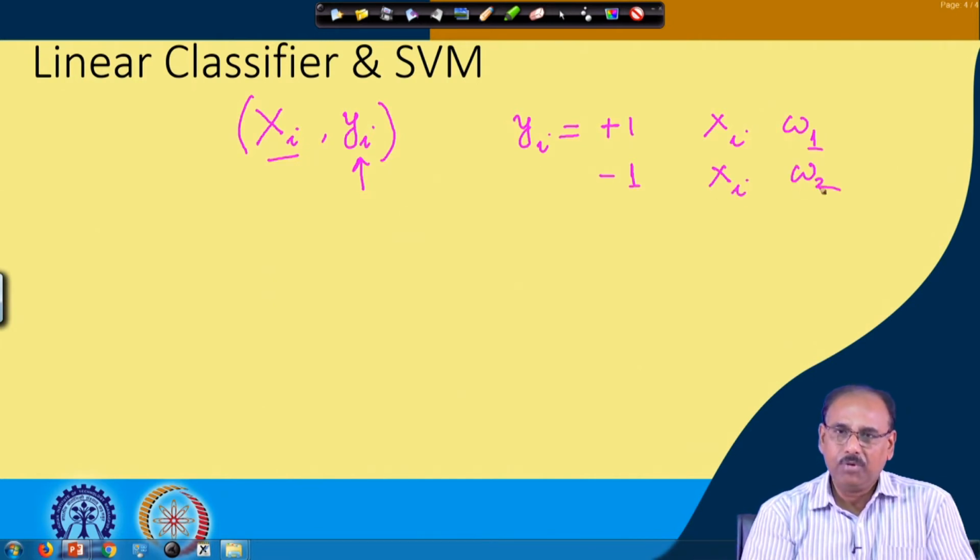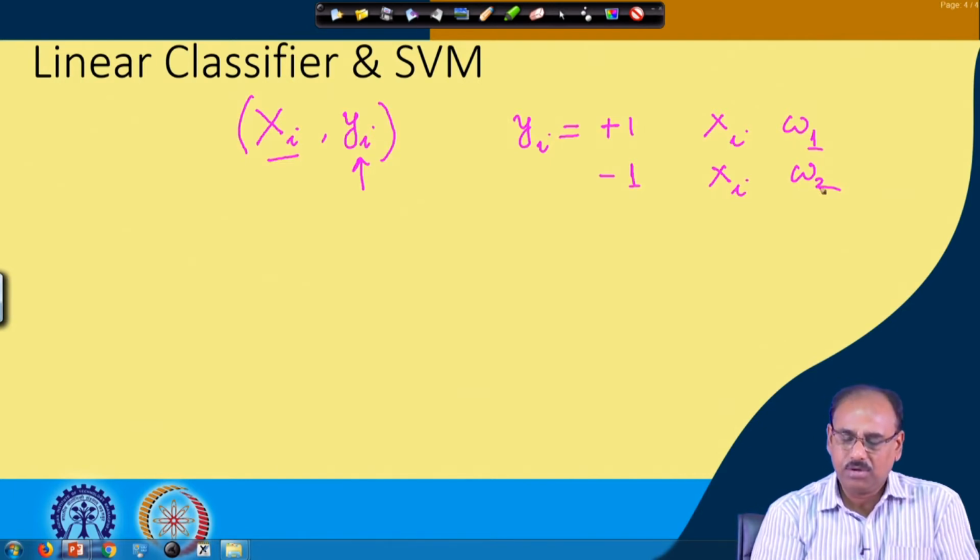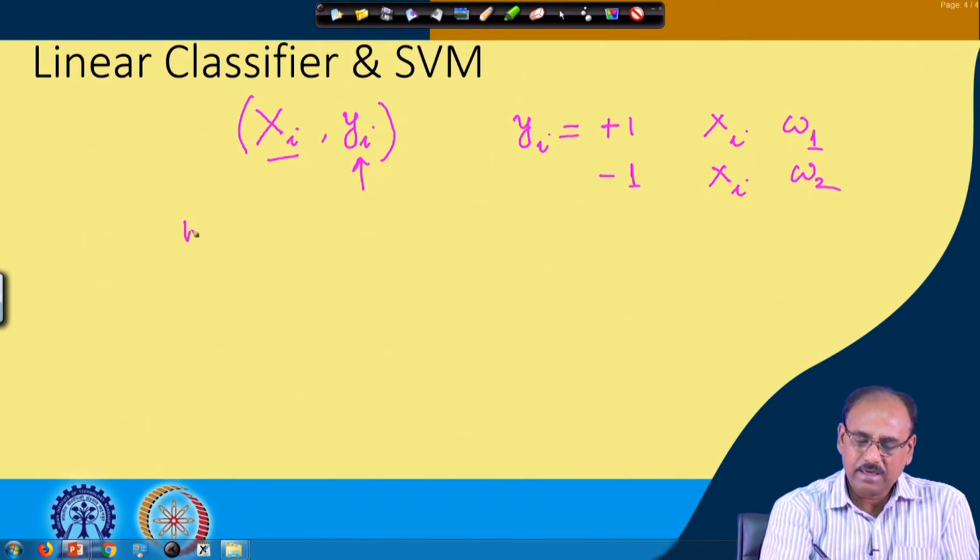And accordingly, we could have a single, unified classification rule, which we said is of the form W transpose x plus W naught.